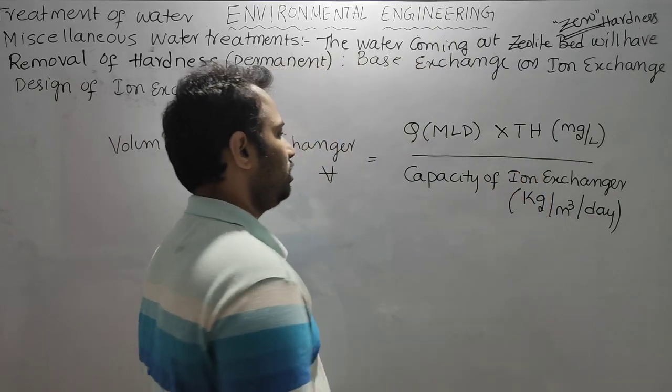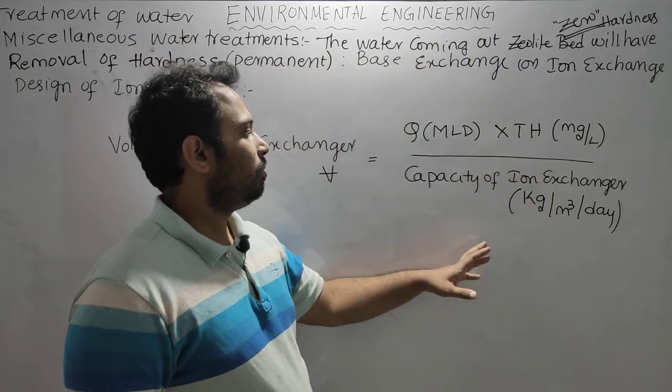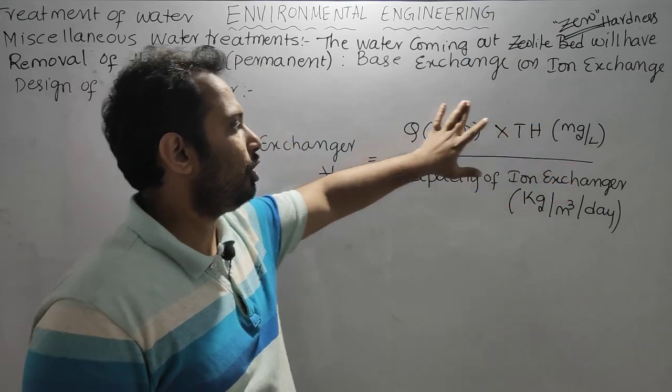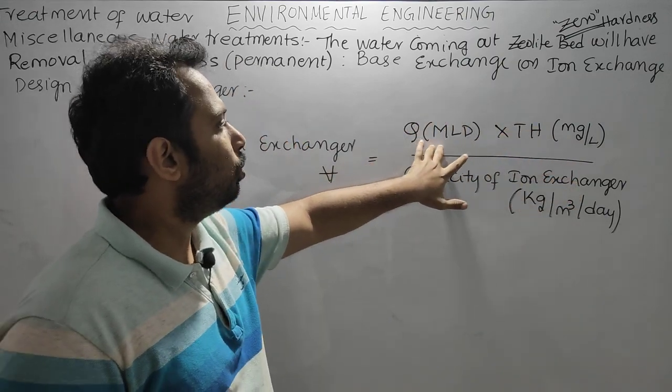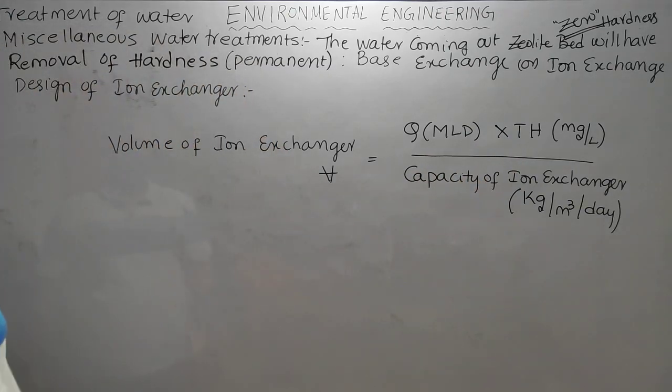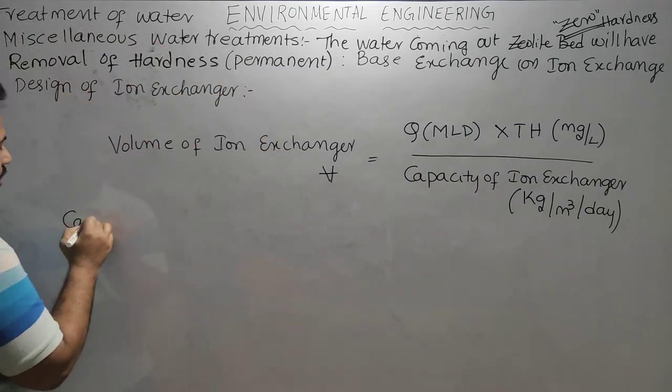So we need to convert this milligram into kg. Uniformity needs to be maintained. So volume is Q into total hardness by capacity of the ion exchanger.